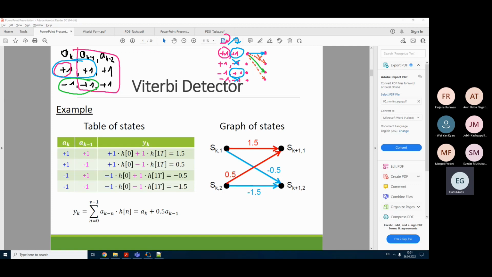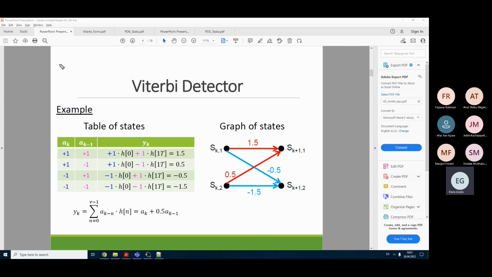Similarly, if we take +-3 and +-1 and, for example, a number of states also 3, AK, AK -1, and AK -2, then for example +3, +3, +3, then -3, +3, +3, -1, +3, +3, and so forth.